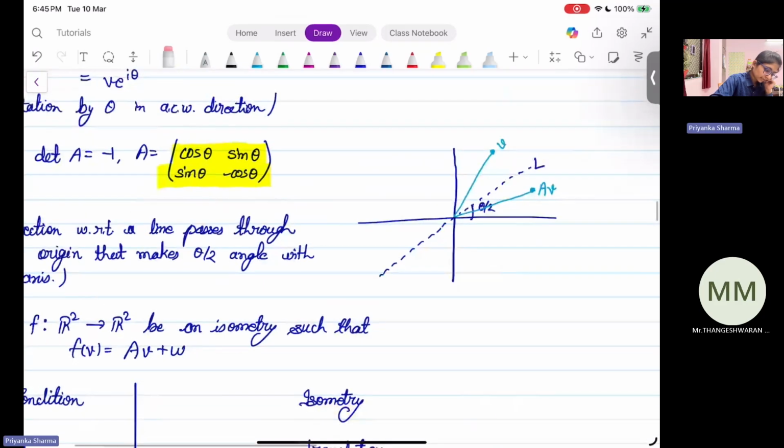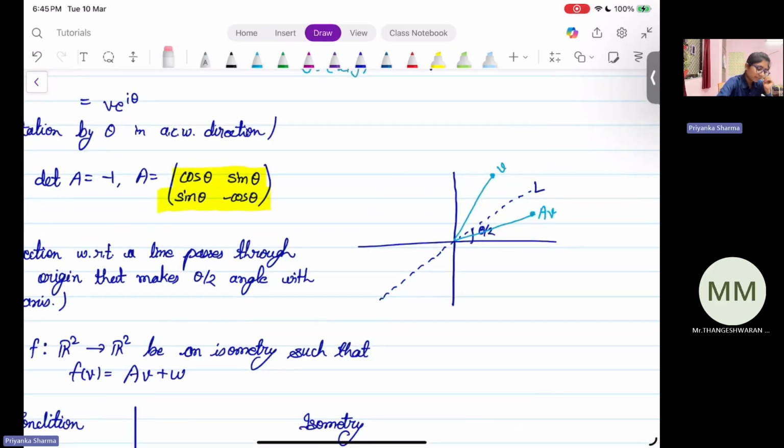And here we are considering some line which is passing through the origin. If we have some point, say this is v, and we want to find its reflection, then we do this: this is perpendicular to this, and then we extend. Okay, the diagram is actually not that perfect.